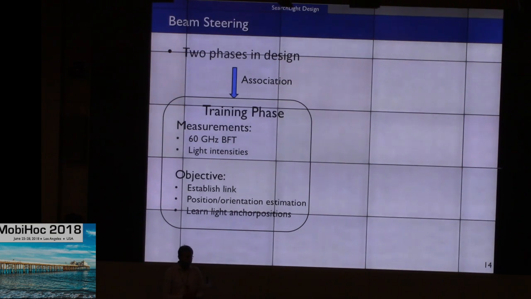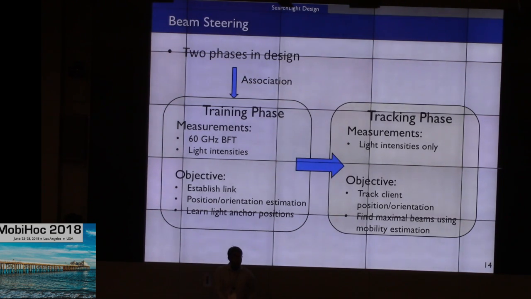During the first phase, there are measurements in both the 60 GHz band in the form of beamforming training, as well as light intensity measurements from the light anchors. The device would, first of all, establish a directional link from the beamforming training process, and it would localize the light anchors with respect to itself by the method that I just explained.